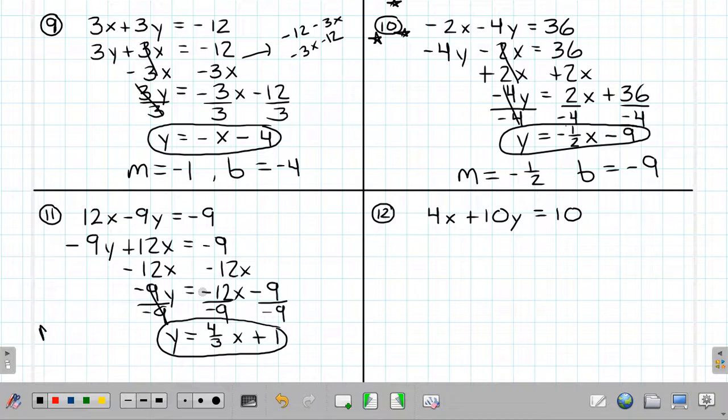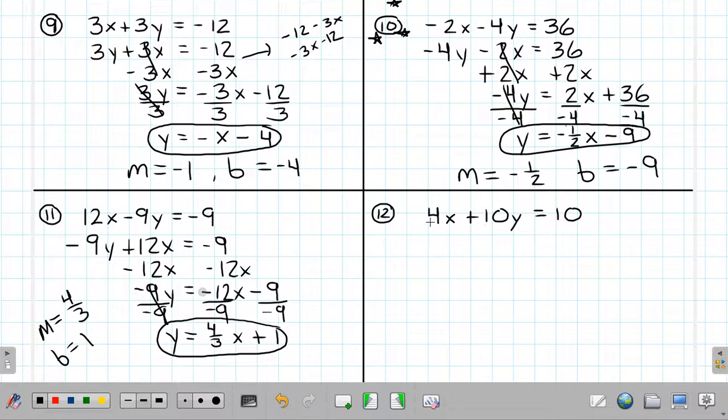Once again, the instructions ask, now that we have that, what's the slope and y-intercept? Well, the slope is 4/3. Y-intercept is 1.